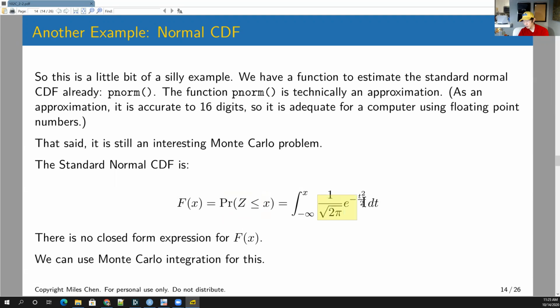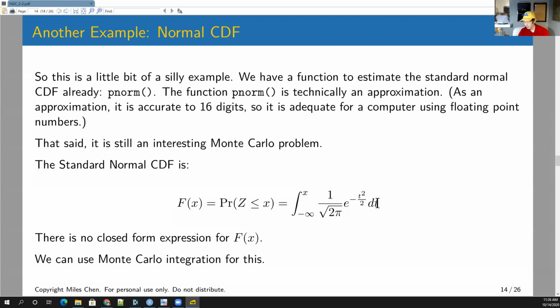And this is equal to, over here I've got the PDF of the normal, and we want to integrate from negative infinity up to x the PDF of the normal dt.